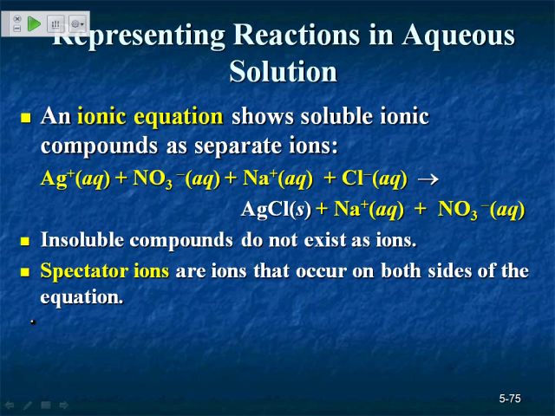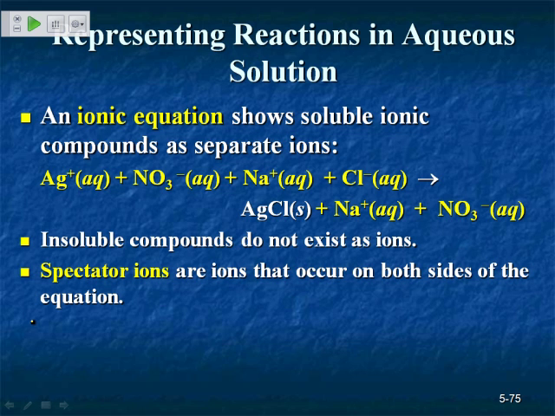So this is not soluble, therefore we do not separate into ions. Whereas sodium nitrate is soluble, so that will separate into ions. This equation is called ionic equation. So simply from the molecular equation, whatever is aqueous, you are just splitting that into the corresponding ions. That's all you are doing for ionic equation.